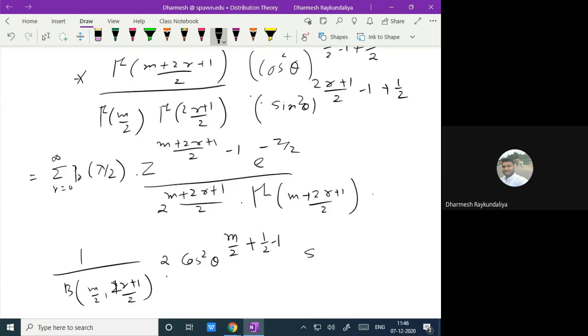Okay, and sin square theta is nothing but (2r plus 1)/2 plus 1 by 2 minus 1.